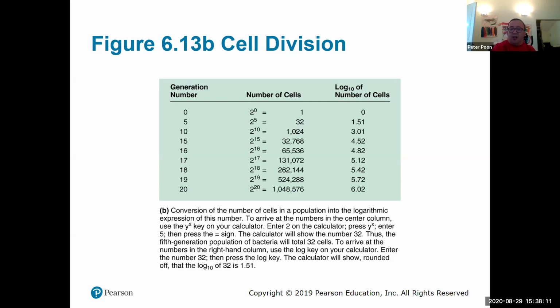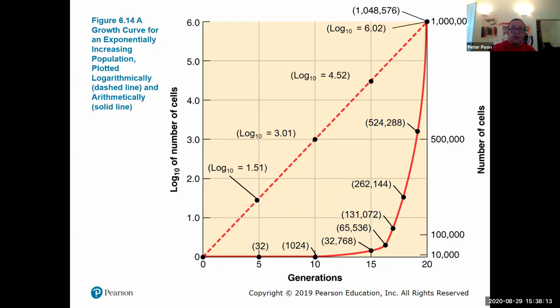You can go from one cell to 1,000,000 cells. So it is hard to chart this on a normal numeric scale. So we use a log scale, and on a log scale, exponential growth appears linear.